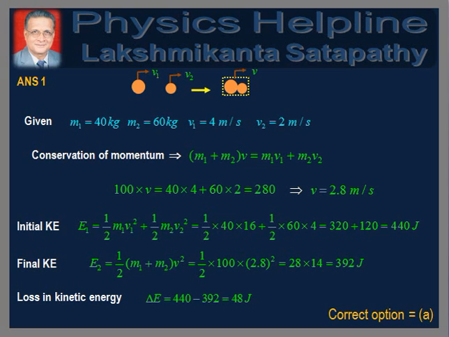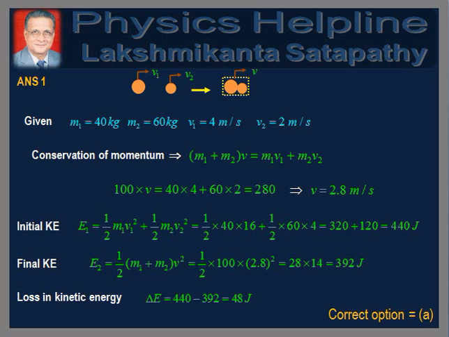This gives 100v is equal to 160 plus 120, which is equal to 280, or v is equal to 2.8 meters per second. Now, kinetic energy is always lost in such collisions.